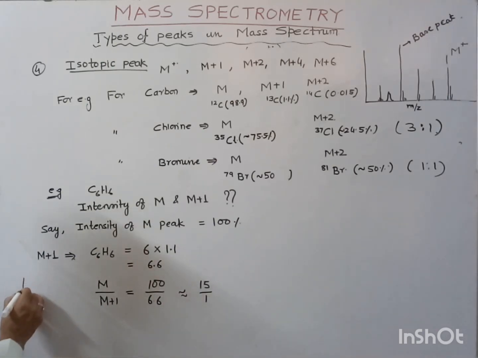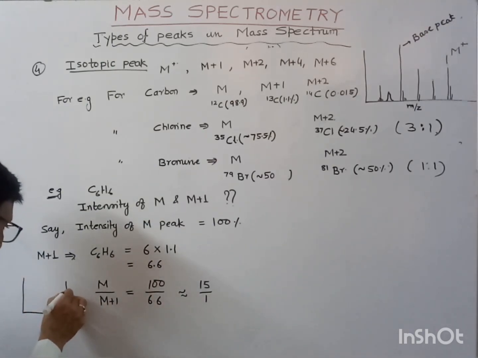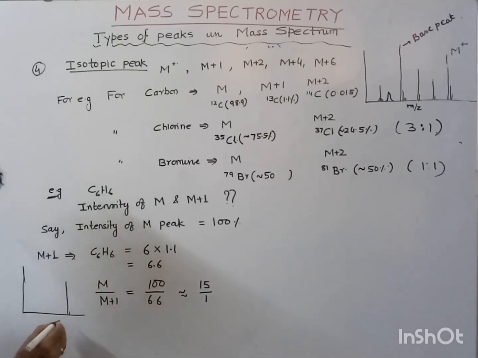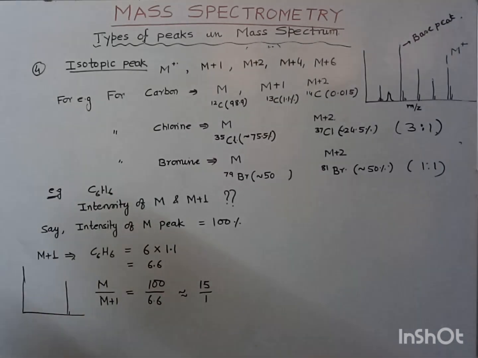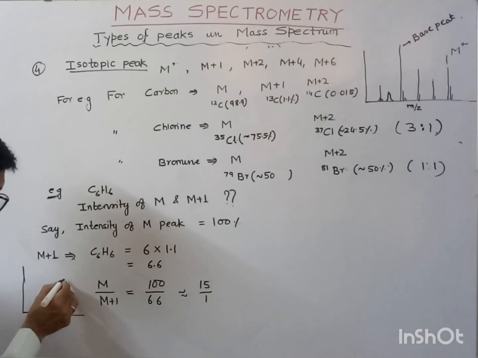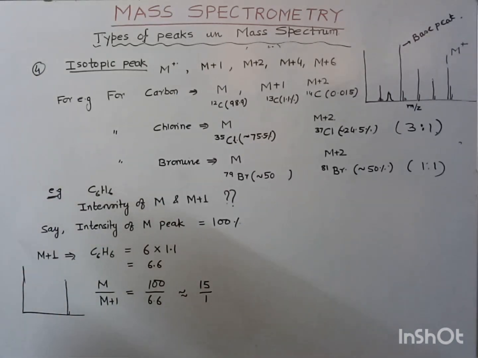Suppose this is the molecular ion peak at 100, then the next peak will appear like this, with an intensity of only 6.6.